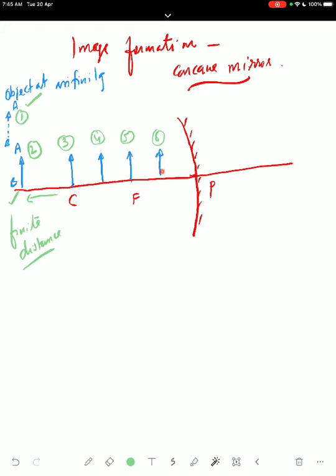When the object is at infinity, where will the image be and what is the nature of the image formed? That is the next part.